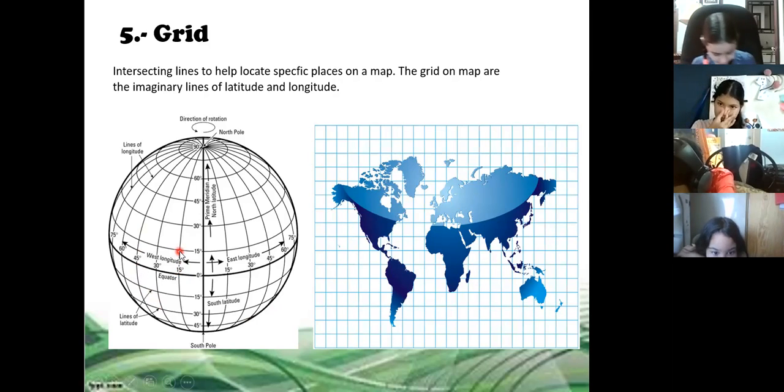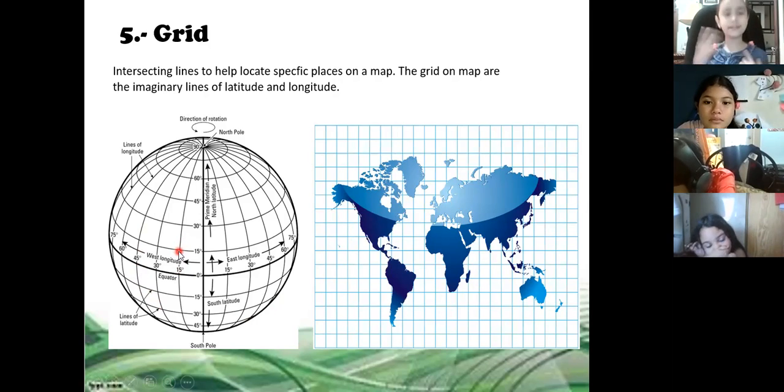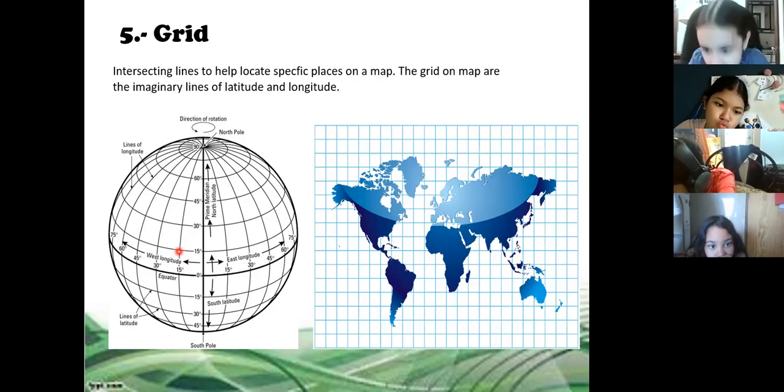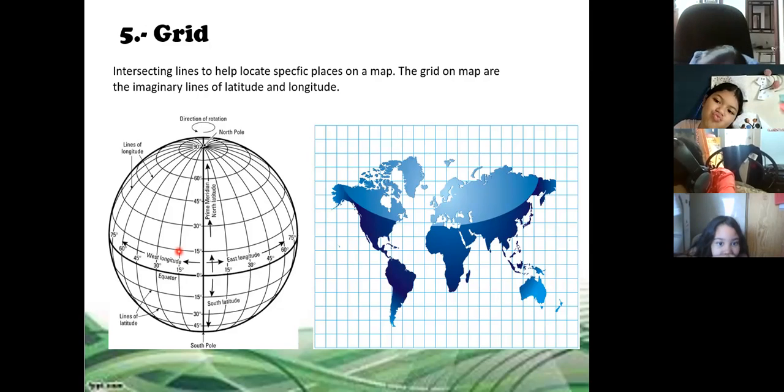We need to find the line of latitude and the line of longitude to find a place. So the grid helps us identify where one place is located using these imaginary lines. We cannot see these lines. They are just imaginary, and they are helpful for us to study the world, to study the maps.